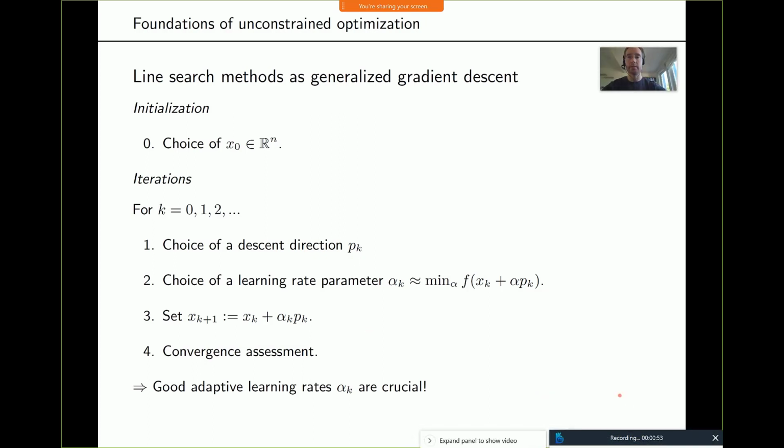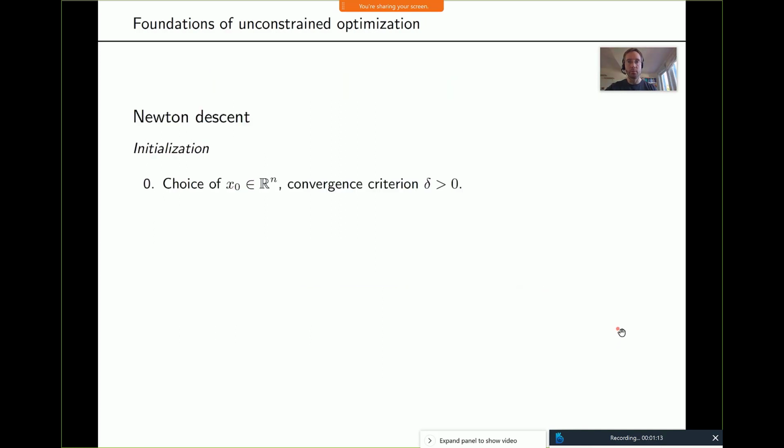Then let's continue. There are many variants of line search methods and many ways one can tailor these approaches to specific problems. Now the second big group of algorithms that are used for optimization are algorithms based on Newton descent.